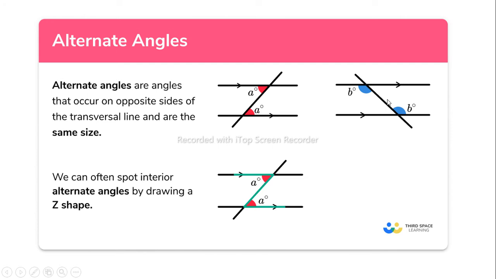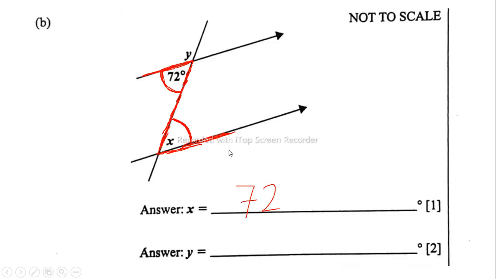You can see it because this is the bottom left, top right. Okay, and they form a Z shape. Nice looking Z. And so this is 72 degrees.